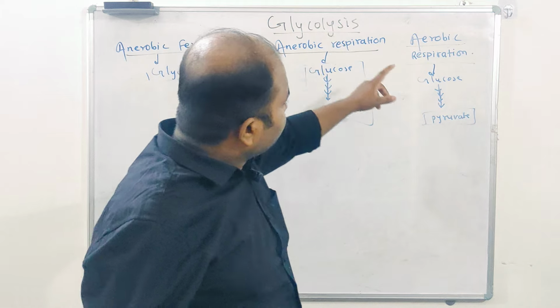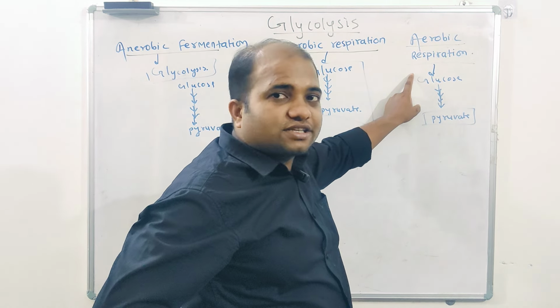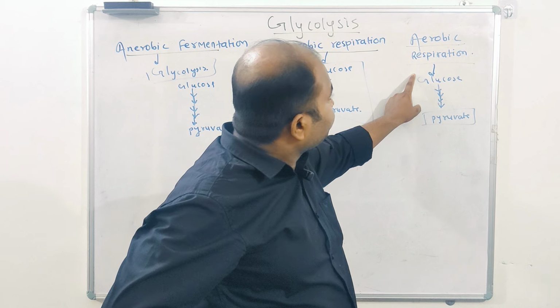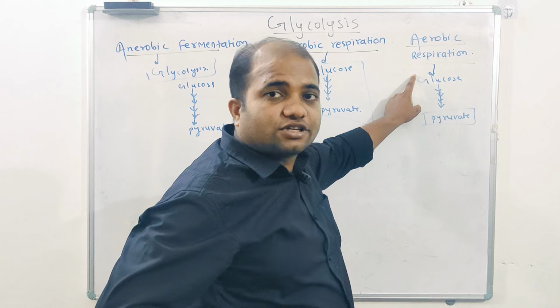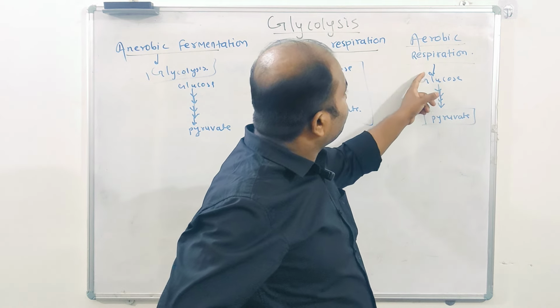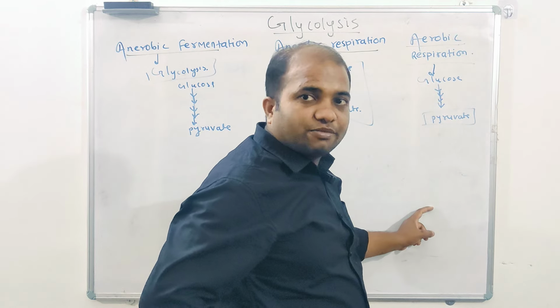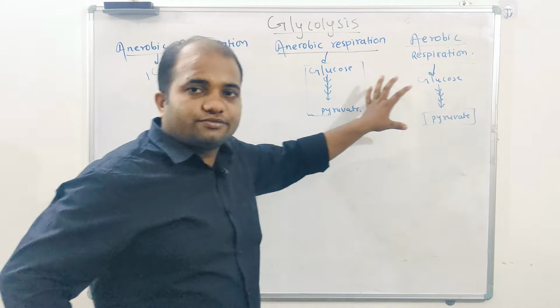But the most evolved, most advanced metabolic pathway is aerobic respiration. So in this, when you have mitochondria and when you have oxygen, the aerobic respiration will follow a somewhat different pathway. So the first step in all these three remains the same, right?